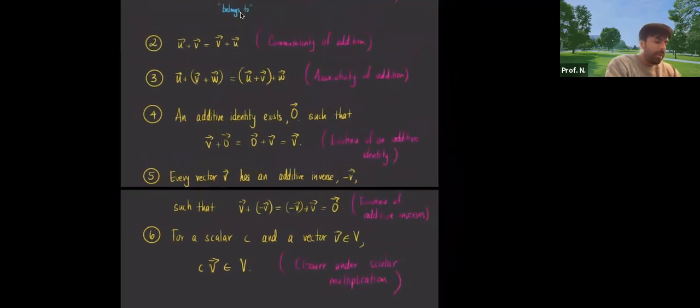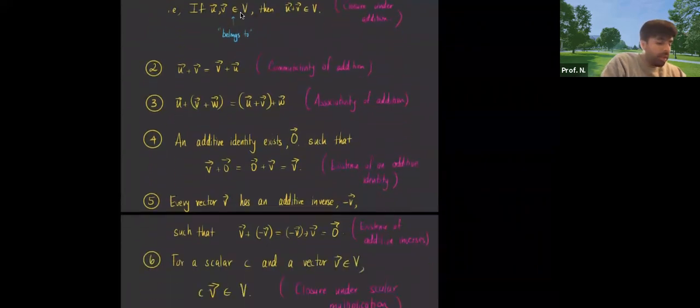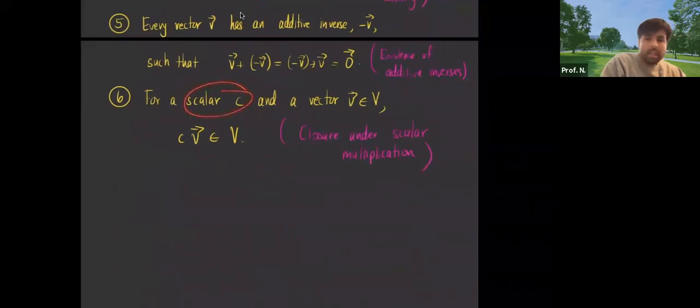So this idea of closure appears twice. We have closure under addition, so the two operations have to be closed, which means that if I add two things in V, then the sum will also be in V, closed under addition. If I have a scalar C and a vector in V, and if I perform scalar multiplication, the result is still going to be something in V. So scalar multiplication is also closed.